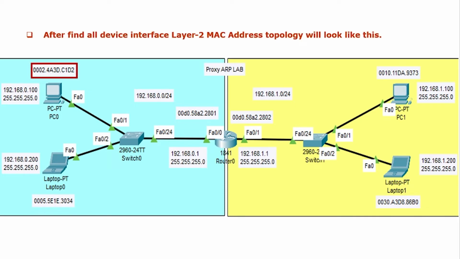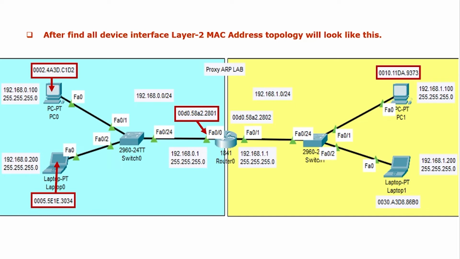So we can take the last 4 digits to mention. For PC0, C1D2. For laptop 0, 3034. On the router interface FastEthernet 0/0, 2801.